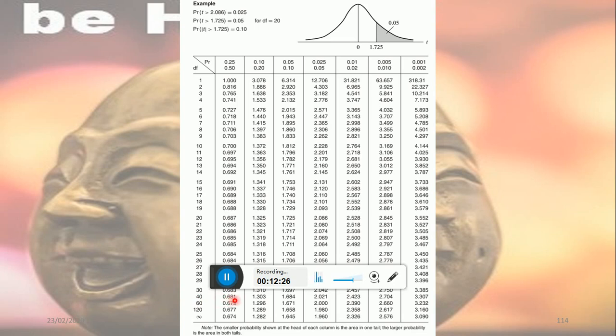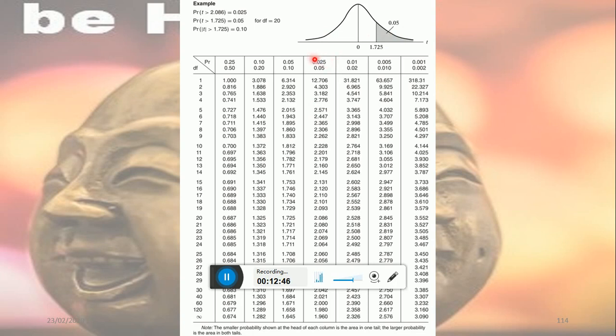So we are going to work with the value that aligns with 40, since we cannot find 48 in the table. And we want 5% in both tails, that is 2.5 here, 2.5 there. If we add them, we get 5%.